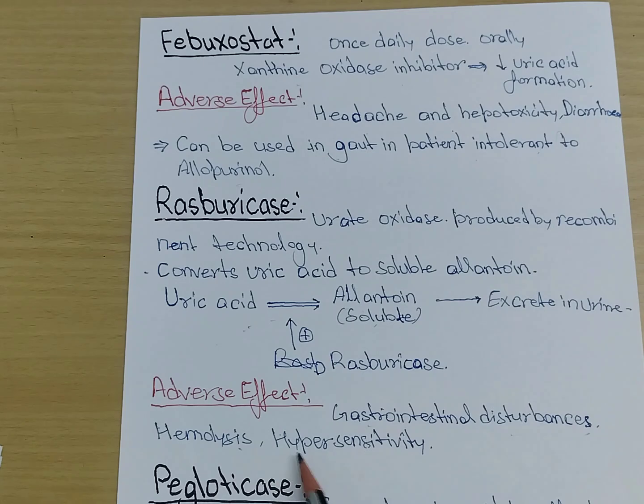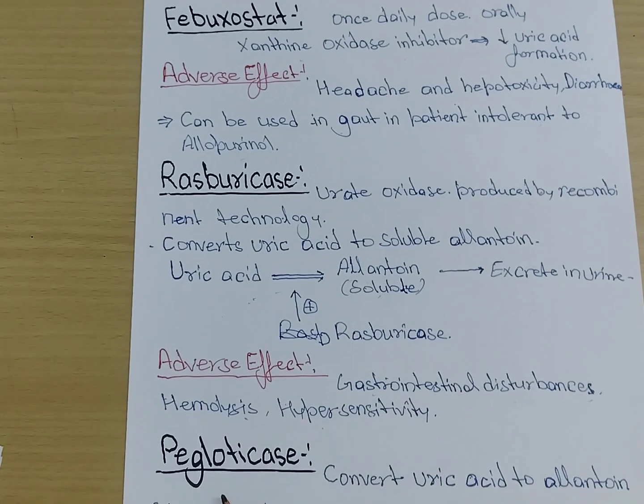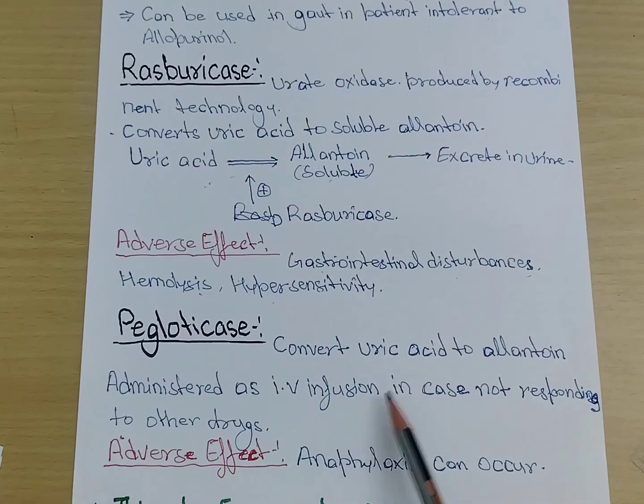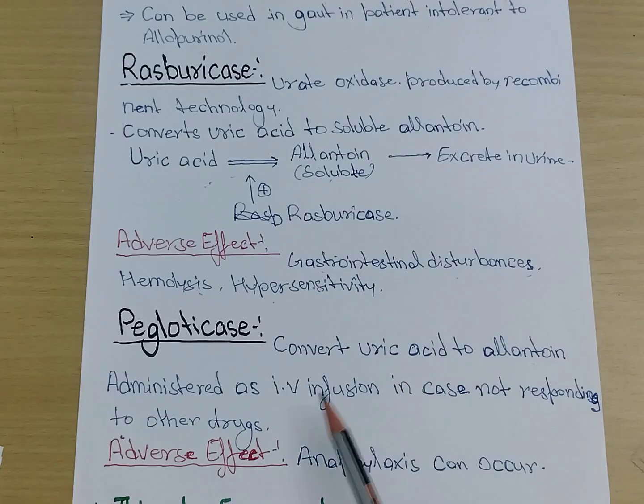Hemolysis may also take place, and hypersensitivity. Pegloticase converts uric acid to allantoin and is administered as an IV infusion in cases not responding to other drugs. Adverse effect: anaphylaxis may occur.